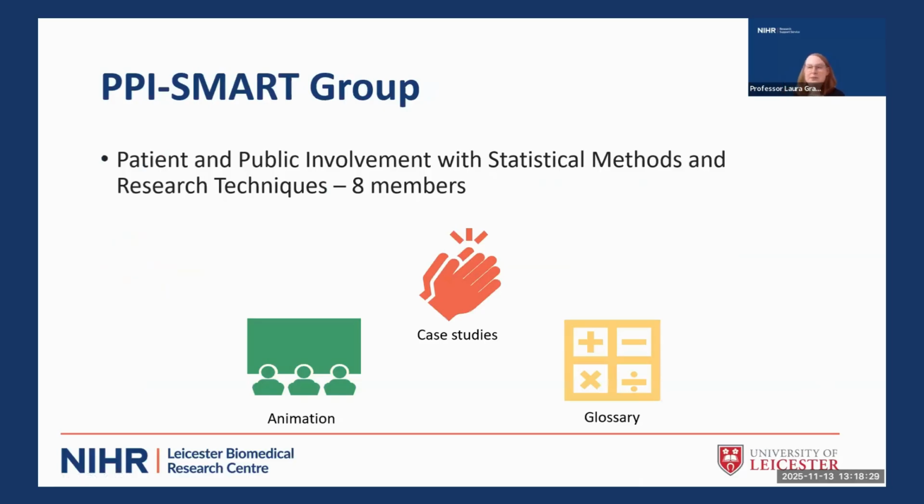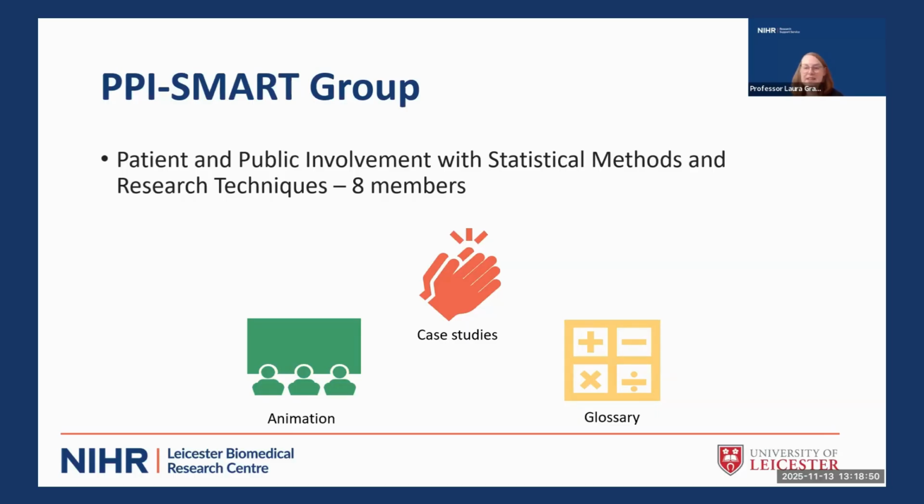So the next thing we did was recruit our own PPI group. We did worry that people might not be interested in wanting to take part. And we used the People in Research website to recruit a PPI group. And actually, we were overwhelmed with response and people expressing their interest.